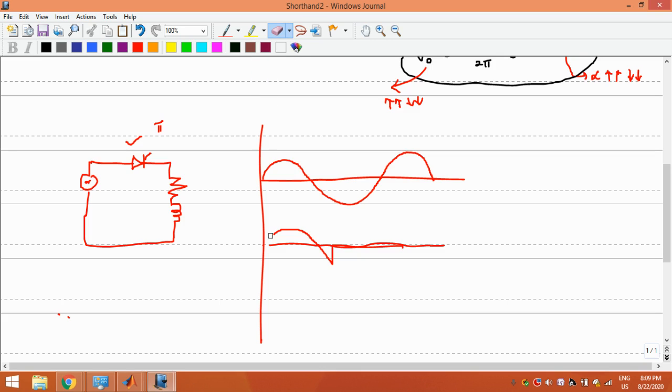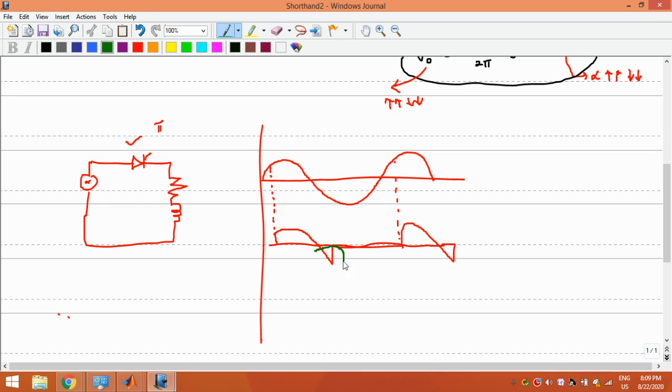Alpha is equal to 45 degree, for example, right? 45 degree. So again for a 45 degree, I'll get, fine. So why does this curve come?